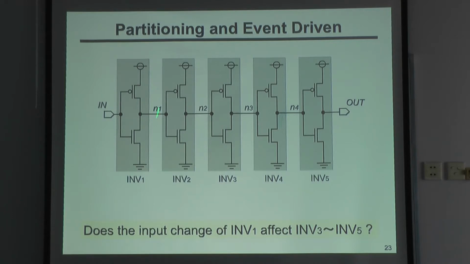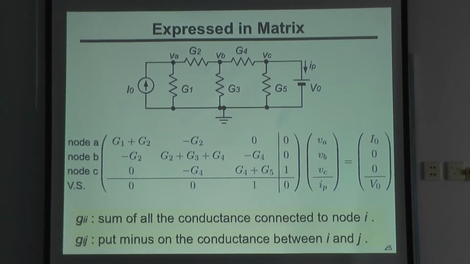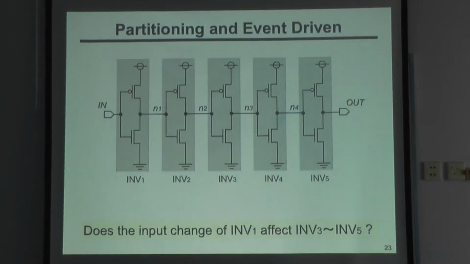We divide the partitions like these. Once we change the input of this, we ignore inverters 3, 4, and 5. As long as we consider this node N1, we can ignore here.